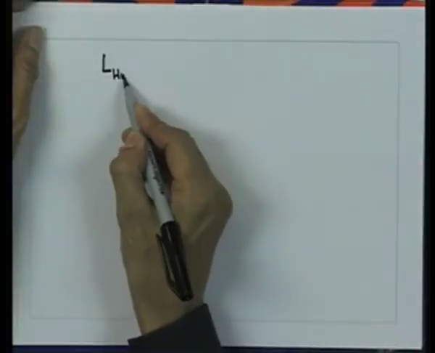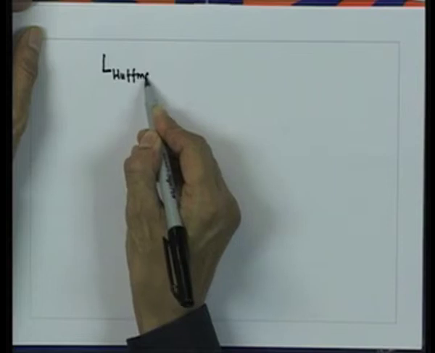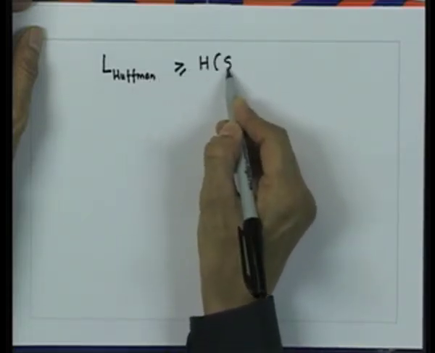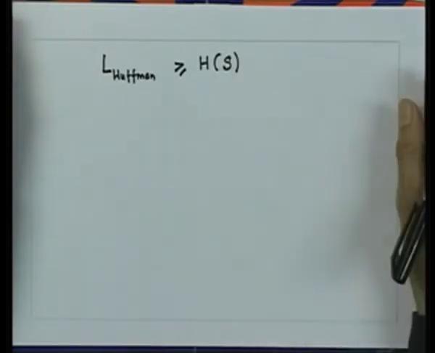The lower bound is not very difficult to find out, because we know that for any code, the average length of the code has to be always greater than or equal to the entropy of the source. So, that is also valid for the Huffman code. In that case, the average length of a Huffman code, if I call it H Huffman, will be always greater than or equal to the entropy of the source.